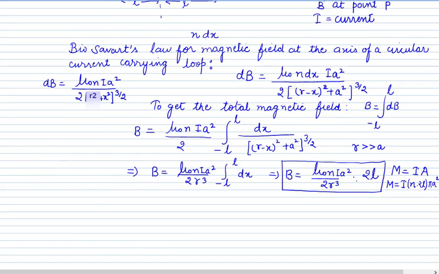Now we want to place this M somewhere here in this equation. So I is already there, n is already there, 2L is already there, a square is already there. What we need is pi. So we have to multiply and divide by pi. So write down the expression of B again: mu naught n I a square upon 2r cube multiplied with 2L.